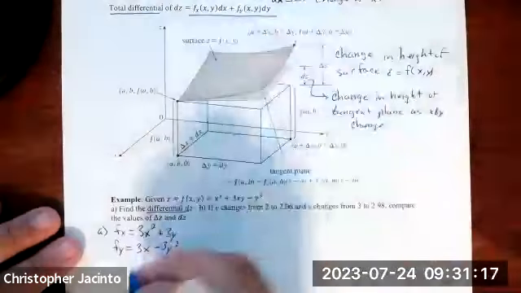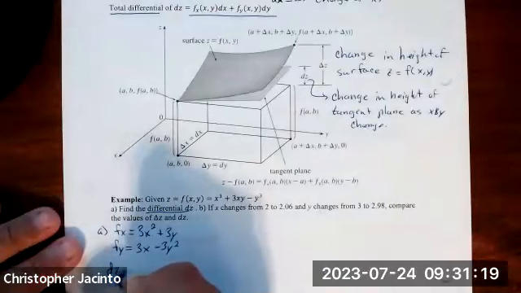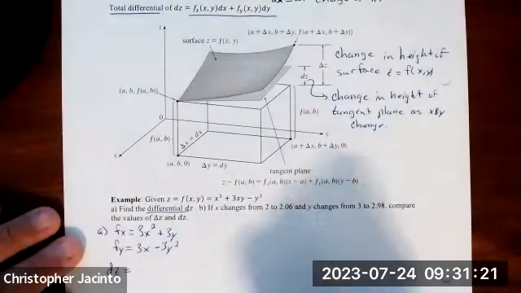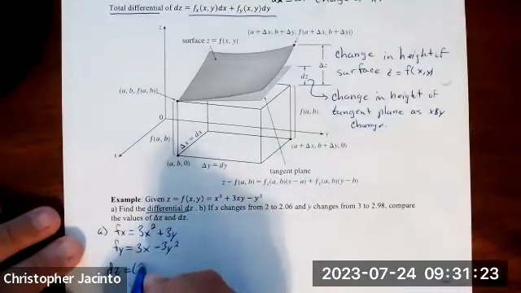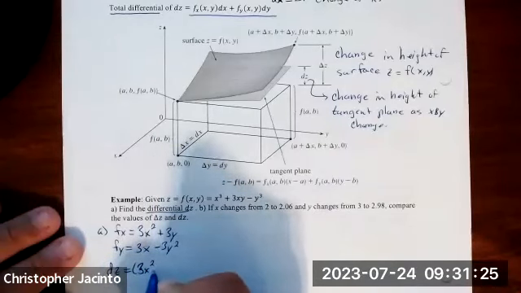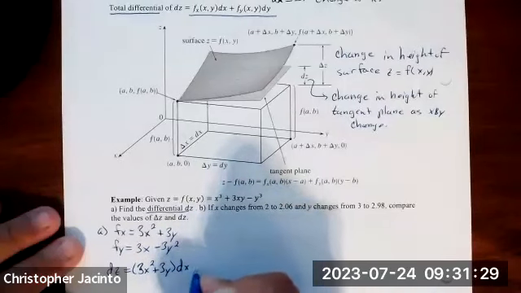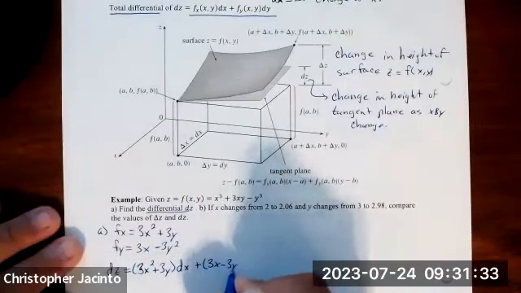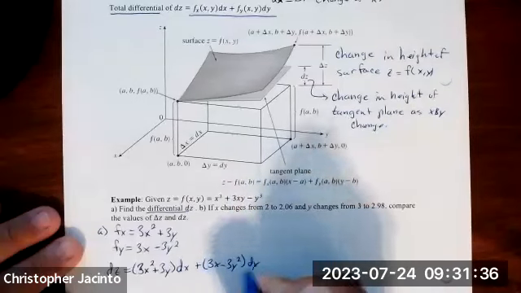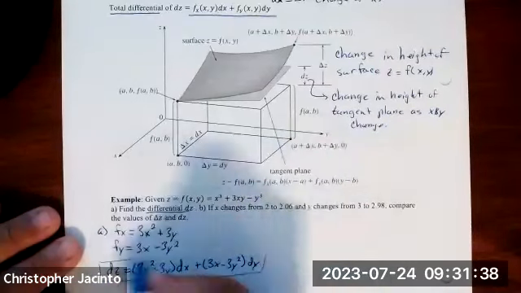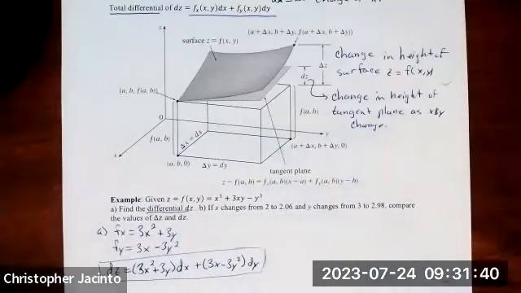So according to our equation, our differential dz is going to equal 3x squared plus 3y, dx, plus 3x minus 3y squared, dy. That's our equation for the total differential.